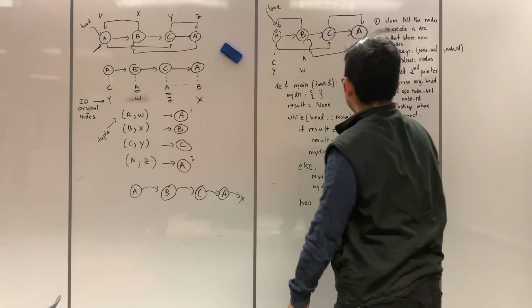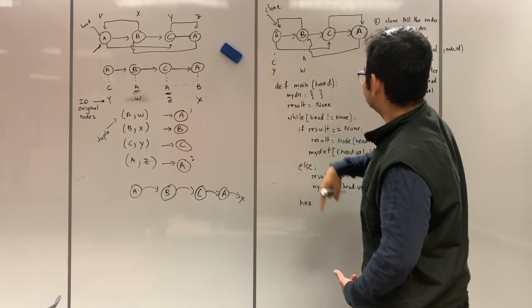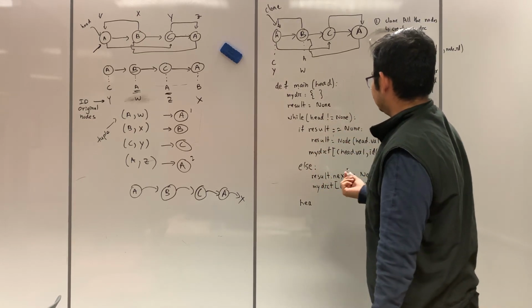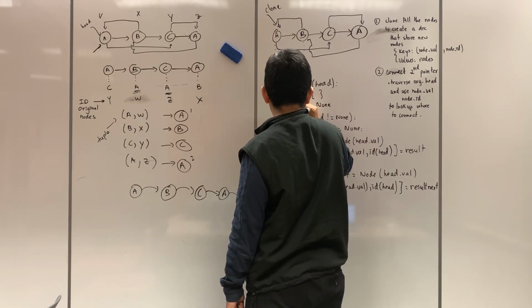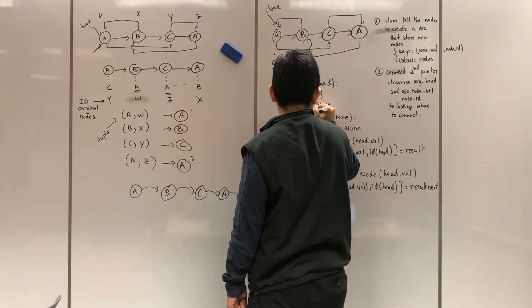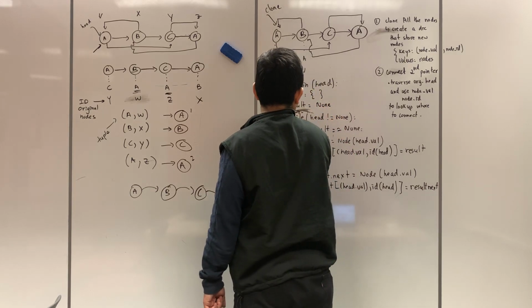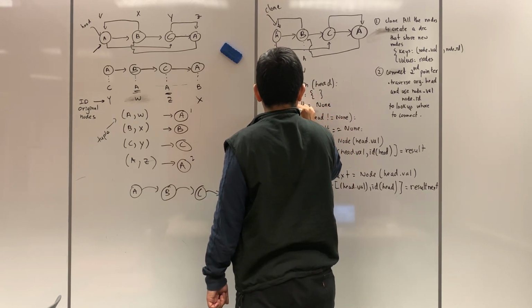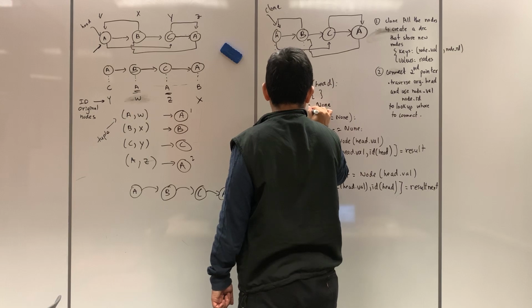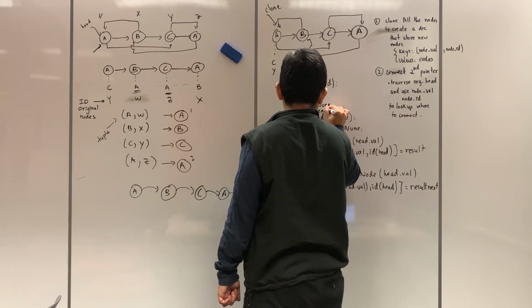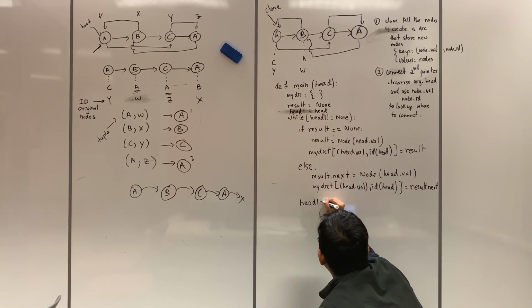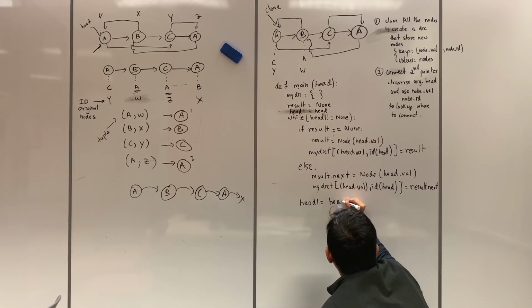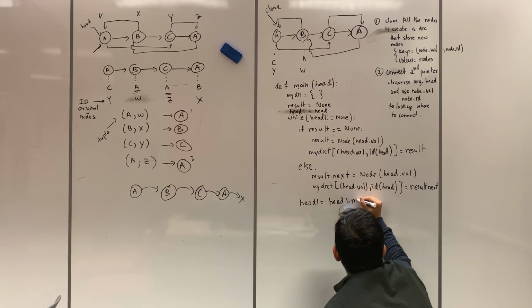Oh, I don't want to use head because I need a reference back to head again. So I can just do head1. Head1 is equal to head. So what I do is head1 is equal to head1.next.